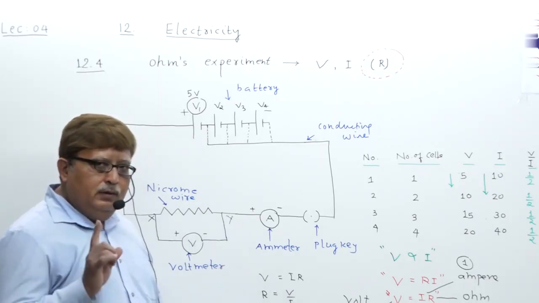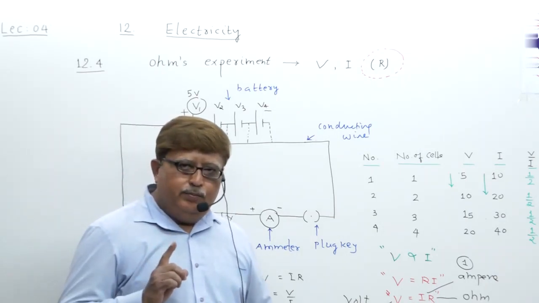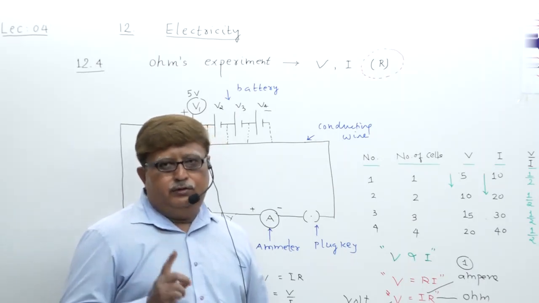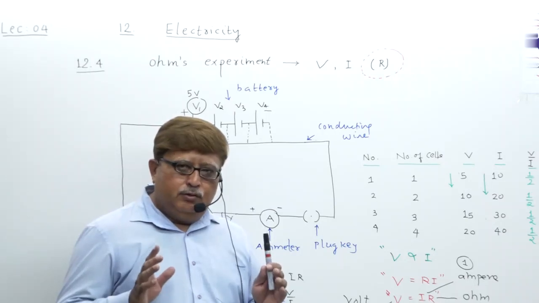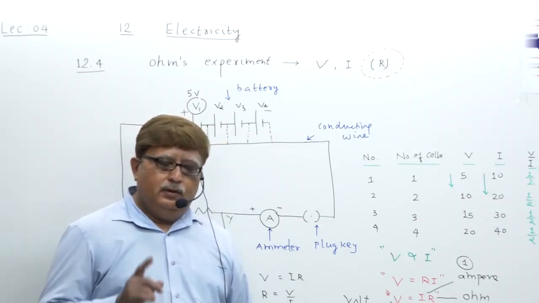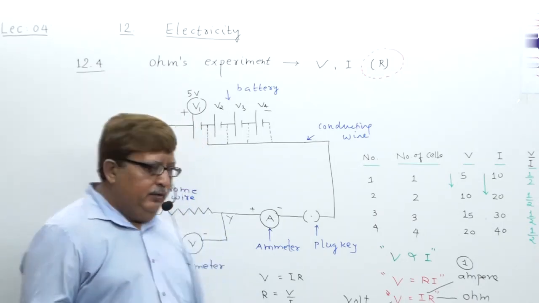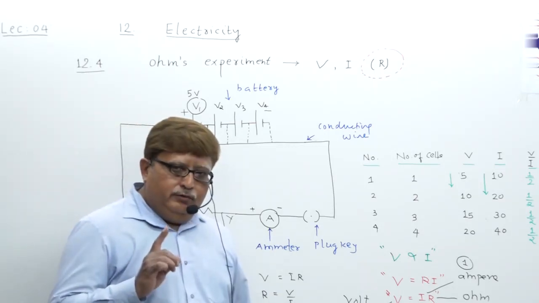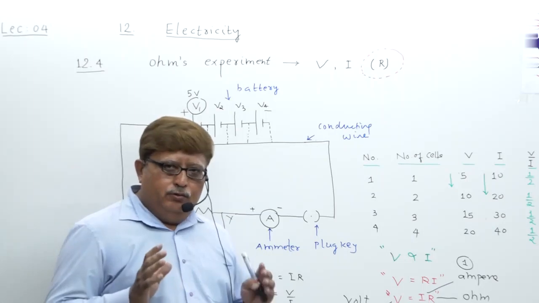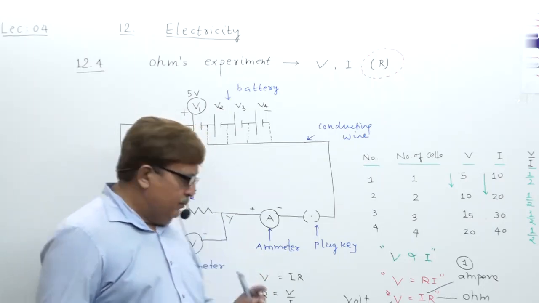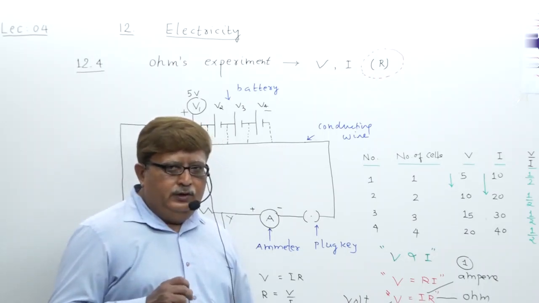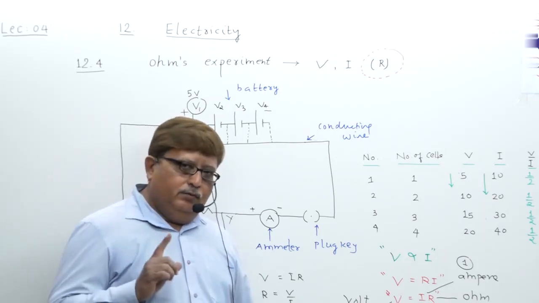Start with: if by applying a potential difference of 1 volt between two ends of the conductor, the work of V is done. Now shift to I: the amount of current flowing in the conductor is 1 ampere.